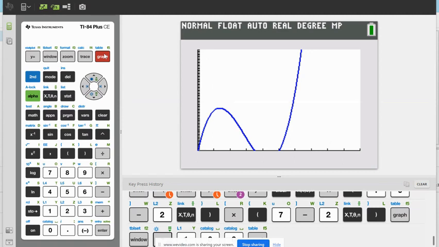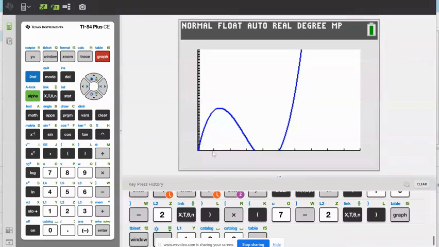Do we see a maximum here? Does anybody know why I'm not even looking over here at this part of the graph? There's no clear curve, no max point. That is a good sign because there's no clear curve.